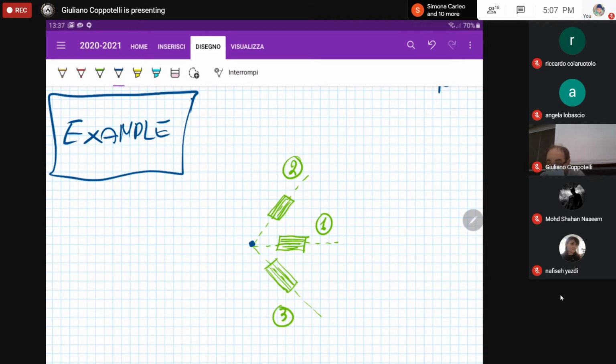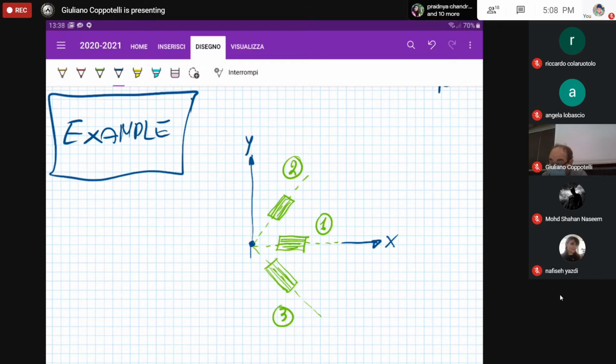Now let me introduce, for example, an additional given reference frame that is your X and your Y. So the question is, what are the strains in that point, the origin of the reference frame, in the XY direction?